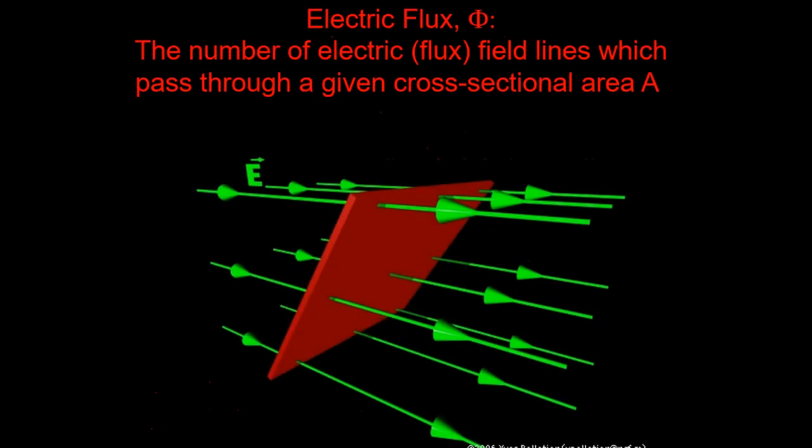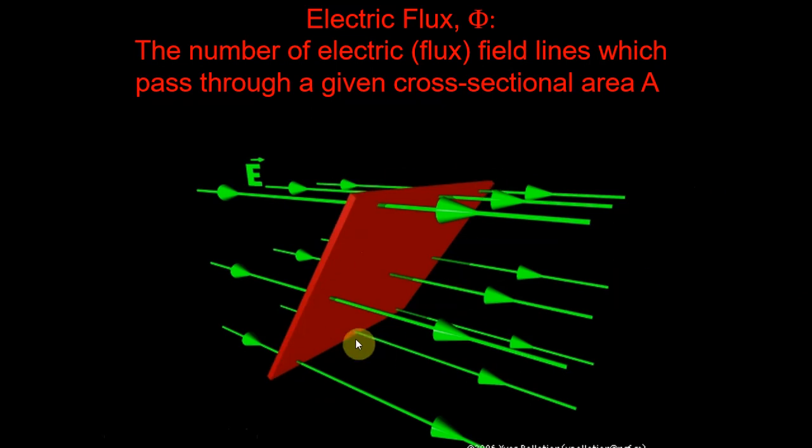Now we've already seen this, but just as a reminder, the electric flux, or phi, is given as a symbol because E is already gone for electric field. So here's phi for electric flux, is the number of electric field lines which pass through a given cross-sectional area. That's known as the flux. And here we have a cross-sectional area.